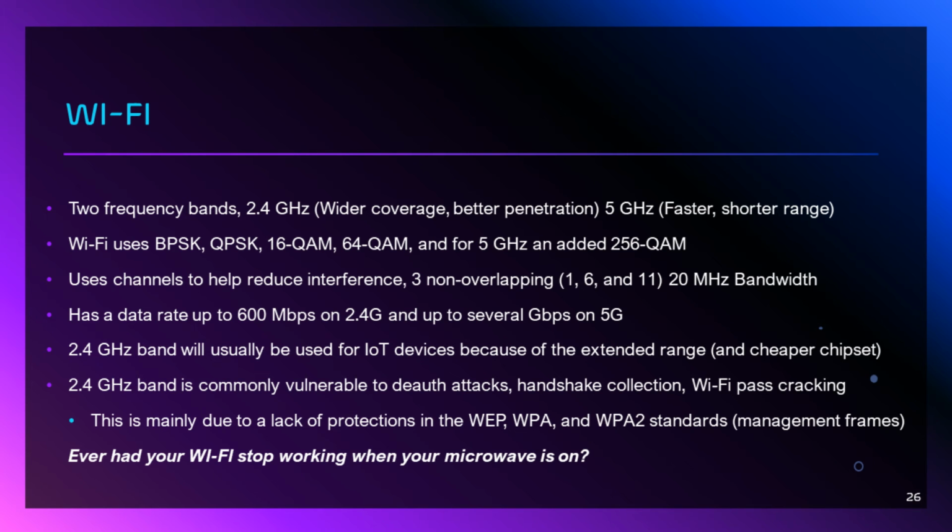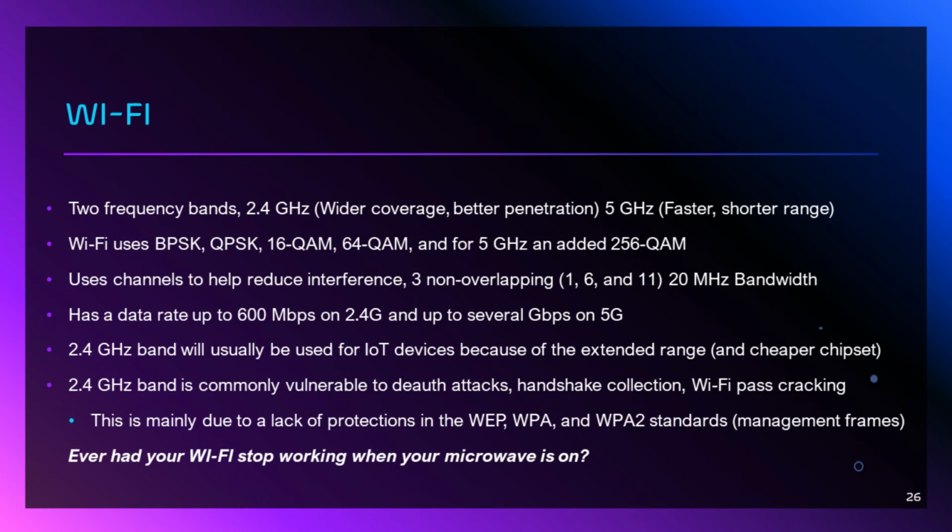So let's talk a little bit about some other things that are not sub-gigahertz. We're going to talk about Wi-Fi here. So Wi-Fi operates in two main frequency bands. We have 2.4 gigahertz and 5 gigahertz, and you've probably seen in your home network that both are being broadcast.